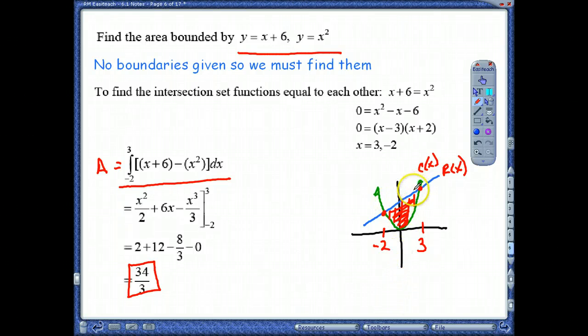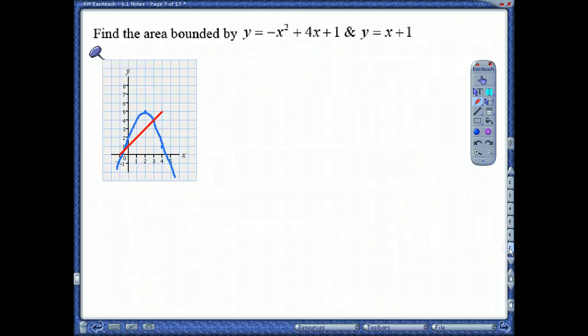When your revenue is on top, your cost is on the bottom, you are making profit, you're making money. If we were to look over here and over here, when the cost is on top, that's when we're not making a profit. So there are many, many instances where we will be finding the area between two specific curves. Profit is just an example of one of them.